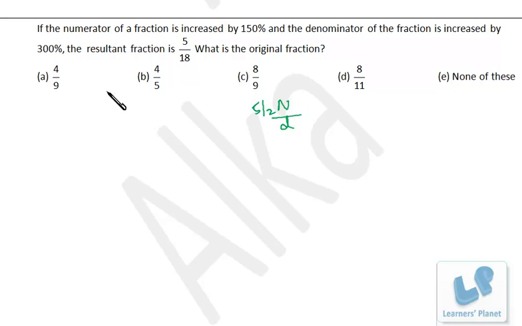That means initially if it is d, the increase of 3d is also there, 300% means 3. So 3d plus d, the new denominator will be 4d, right? So it's actually 5 by 18, right? So what you need to do? You need to find out n by d, right?